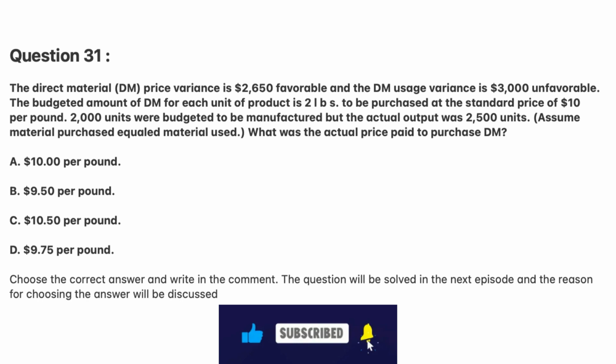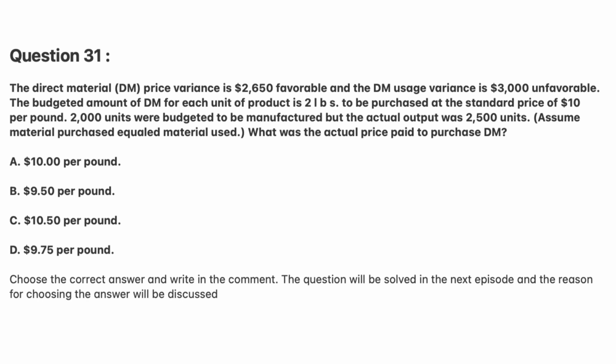Assume material purchased equaled material used. What was the actual price paid to purchase DM? A. $10 per pound. B. $9.50 per pound. C. $10.50 per pound. D. $9.75 per pound.